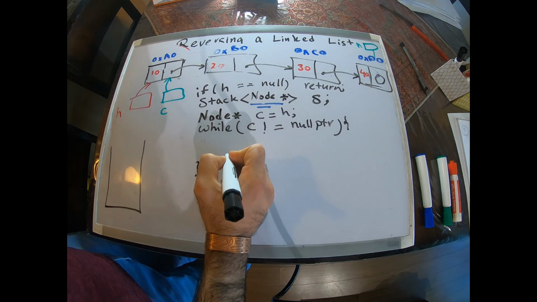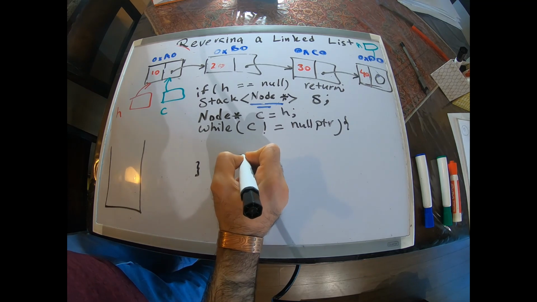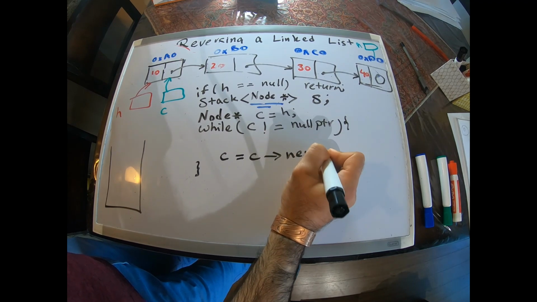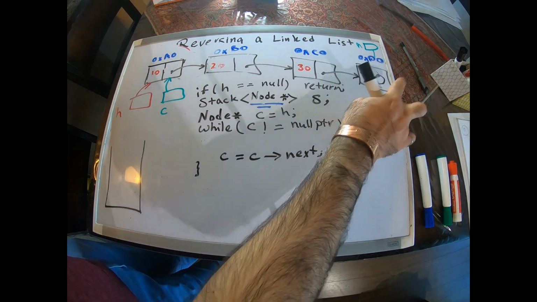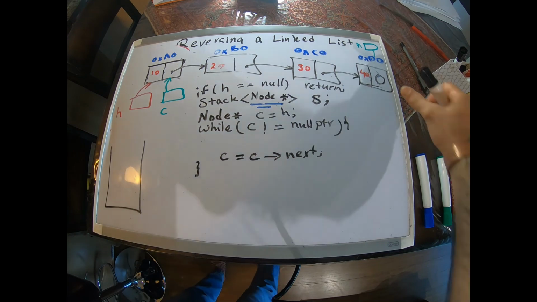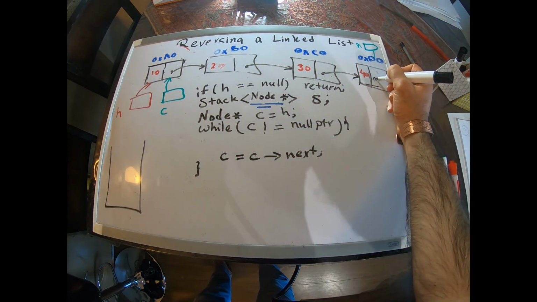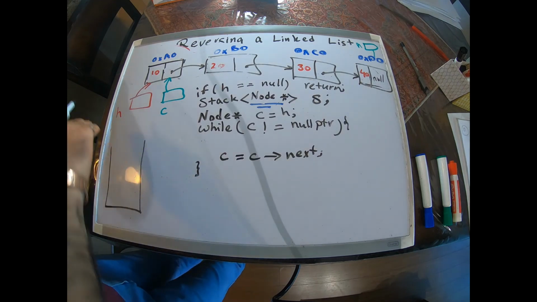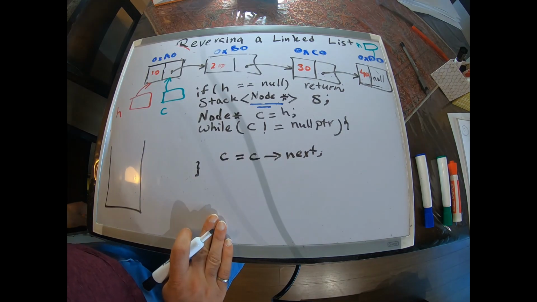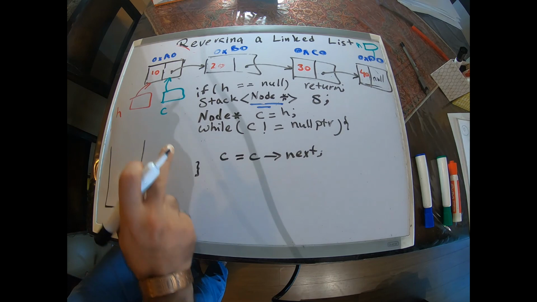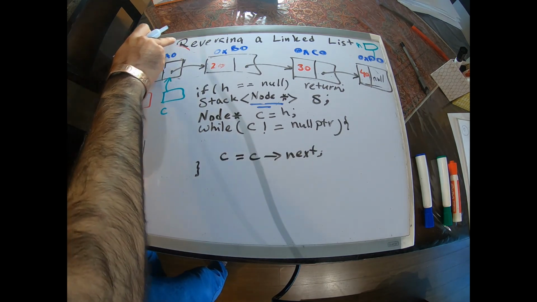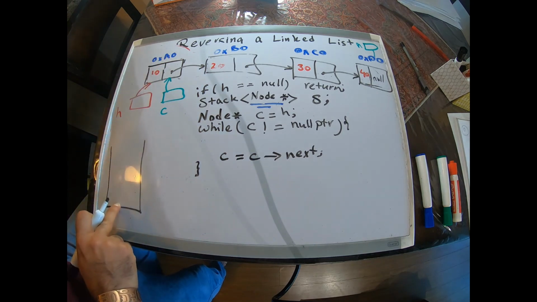This is how I'm gonna traverse: C is equal to C arrow next. So I'm gonna move this one until C becomes the null pointer. Let me write this one null as well so that we don't get confused. And every time I do that, I want to store the address of the linked list node in the stack.